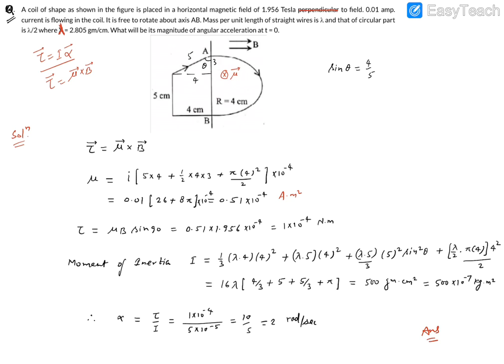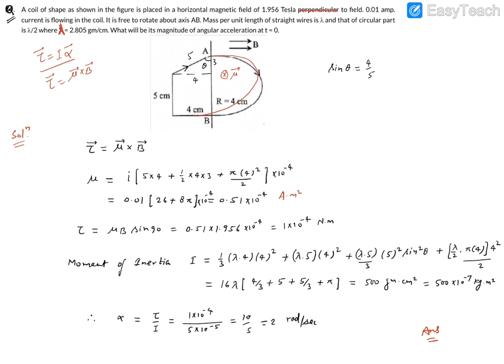And then what about the moment of inertia of this rod or wire? It's going to be mass into the distance square. So mass is 5 into lambda and distance is 4 square. Then look at this inclined portion. It's going to be 1 by 3 m l square sine square theta. So l is 5, with sine square theta, where theta is the angle with the axis.